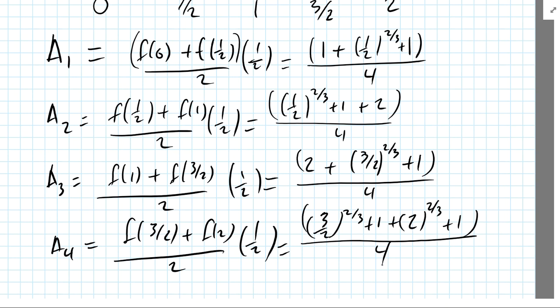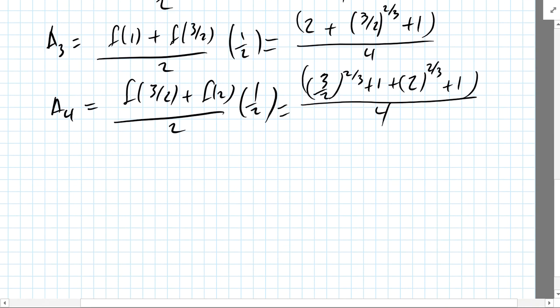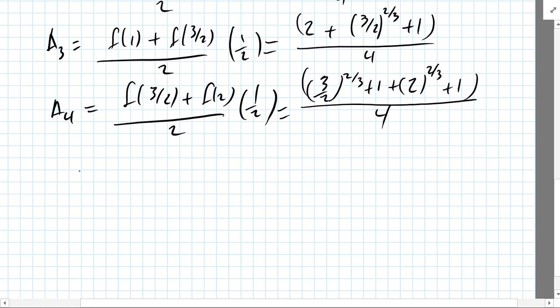That wasn't hard, was it? Can you all plug into a function? I don't ask you to evaluate it without a calculator. If I ask you to give me the actual value, I will give you a calculator and you just have to punch it in correctly. Any questions? If you want the total area at the bottom, to get full credit on the AP test, you have to go A total is equal to the first area plus the second area plus the third area plus the fourth area.